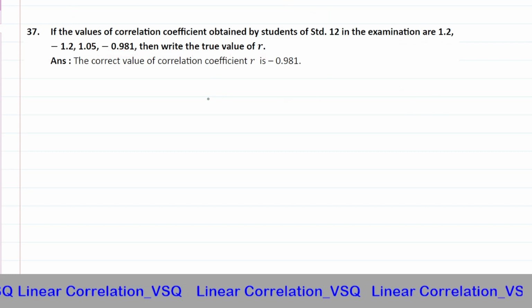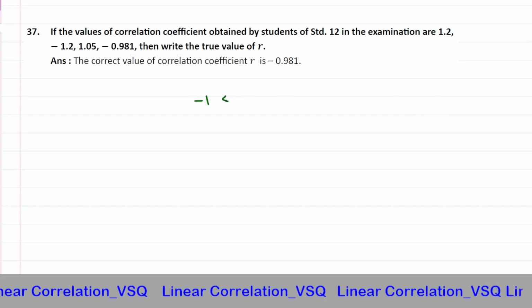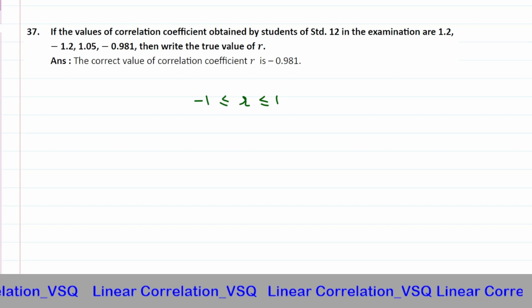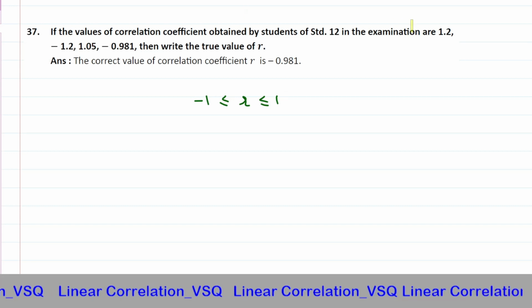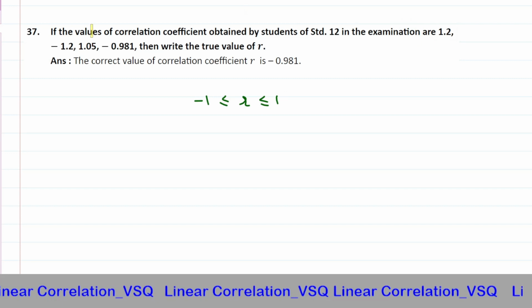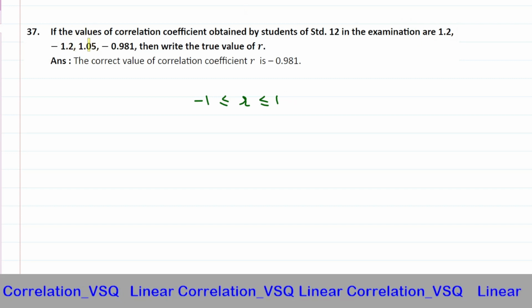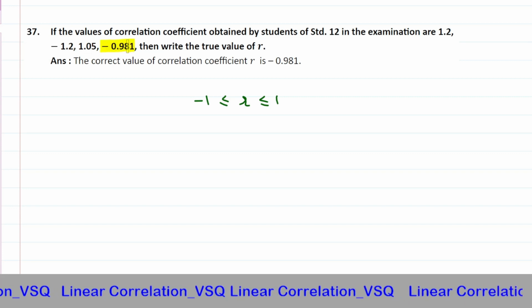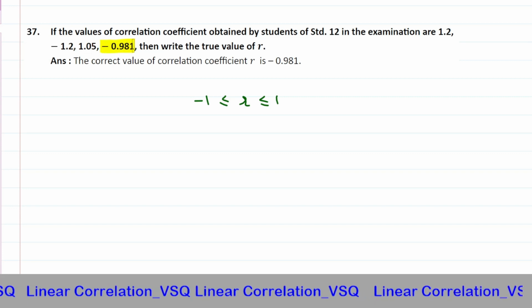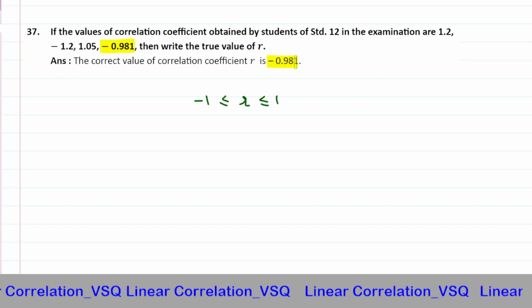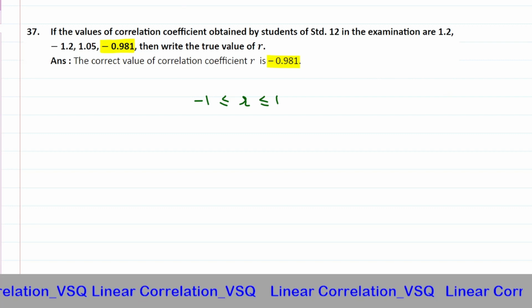Okay, earlier we discussed that r always lies between -1 and +1. 1.2 is not possible because it is more than 1. Minus 1.2 is also not possible. 1.05 is also not possible. So the correct value of correlation coefficient is minus 0.981.